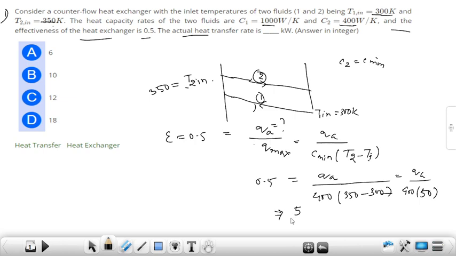So 5 by 10 into 400 into 50 is equal to Q actual, and then cancel.